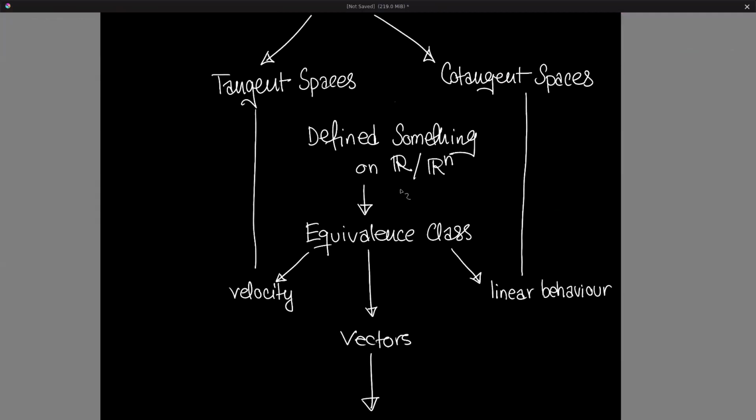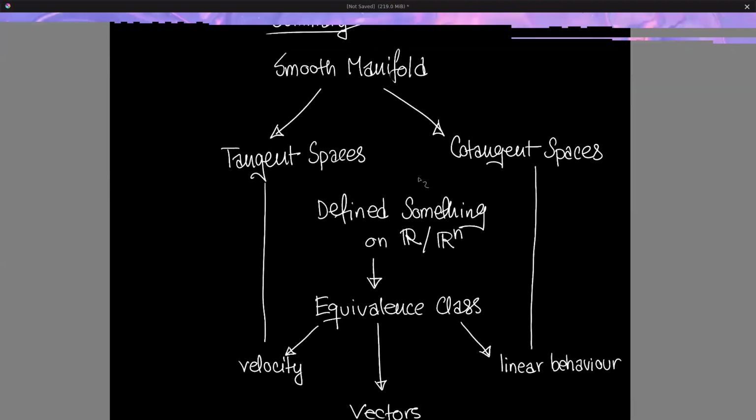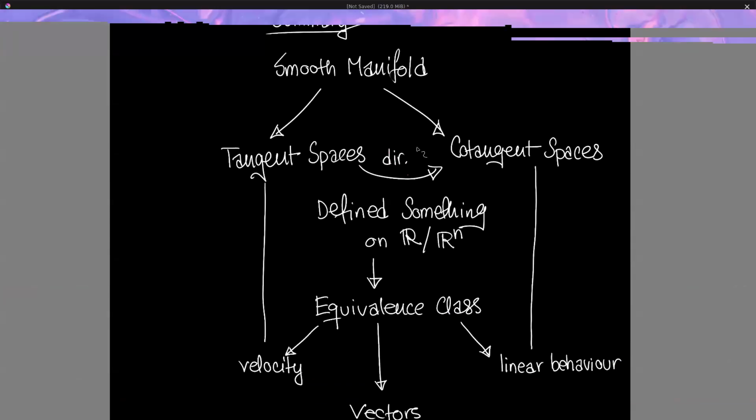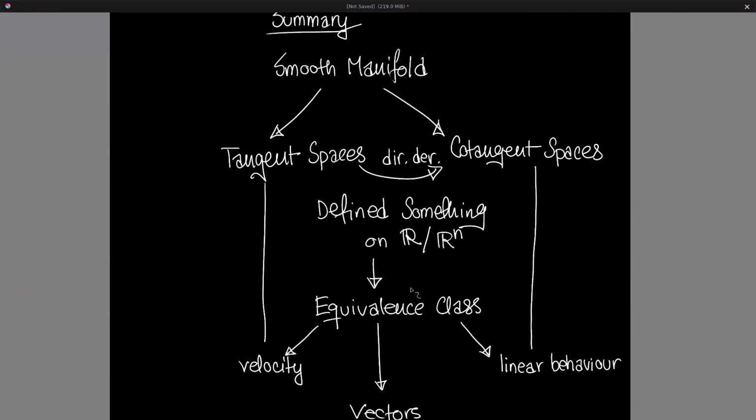When we define this there's something missing: we went from here to there using the directional derivative, and in doing so we leveraged the definition of the tangent space to define the cotangent space, right? Before we started coordinatizing them and showing that they're dual spaces to each other.